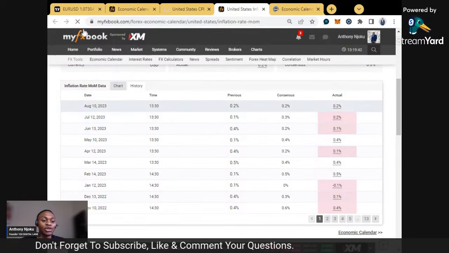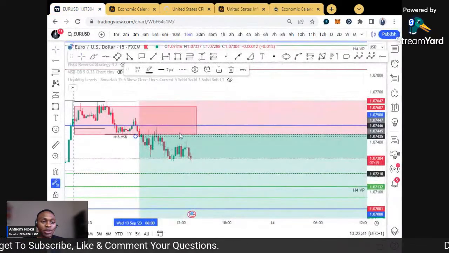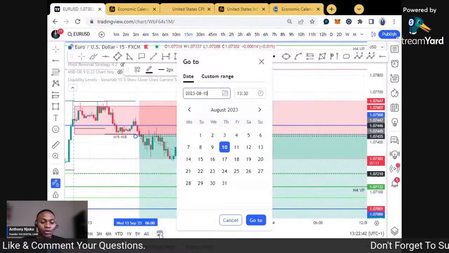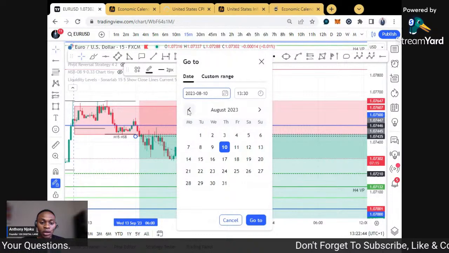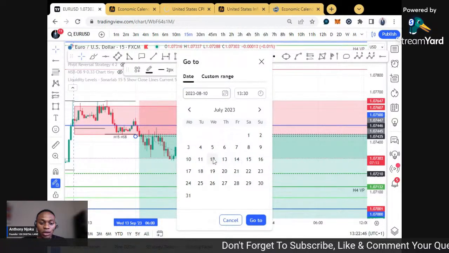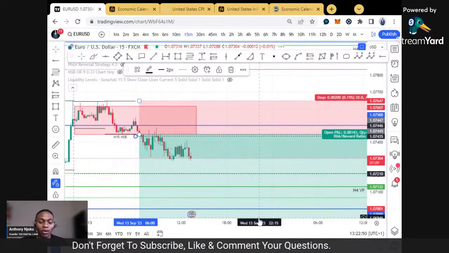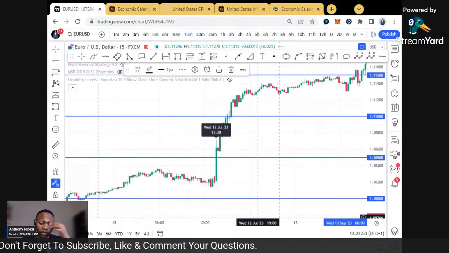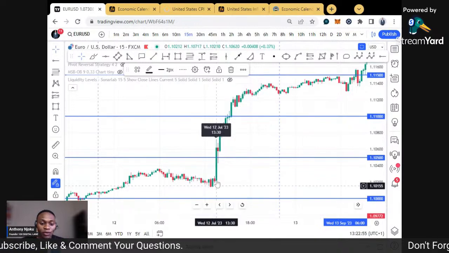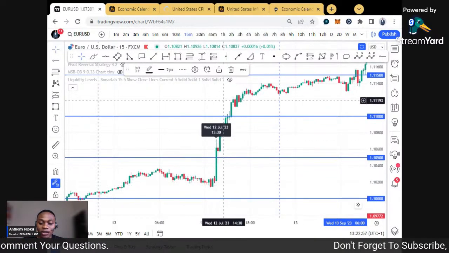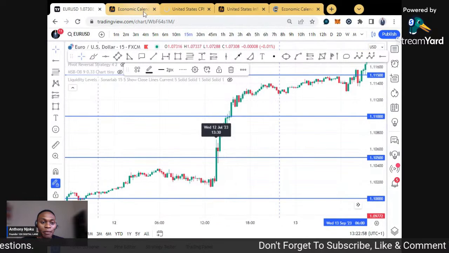Let us see July 12th when it was lower than forecast. So on July 12th, when it was lower than forecast, we had a massive spike to the upside.